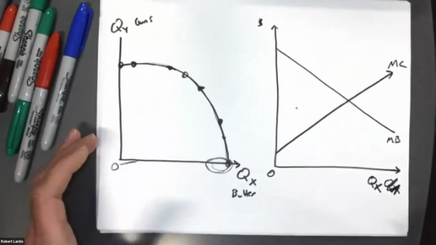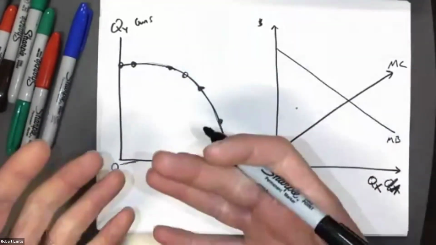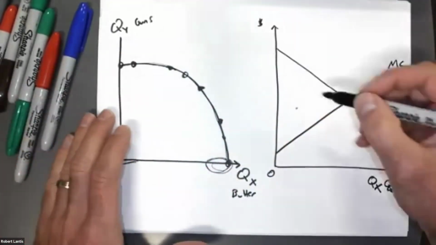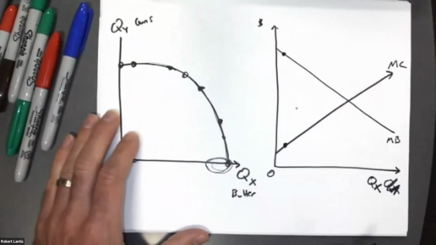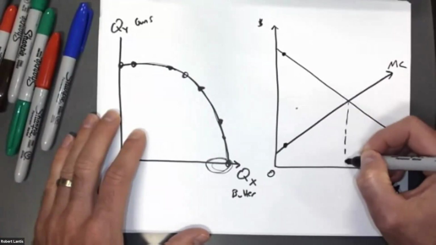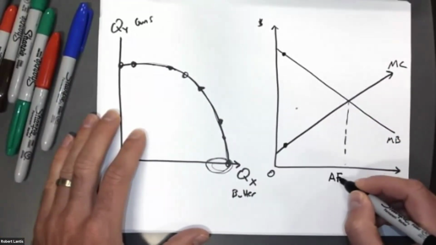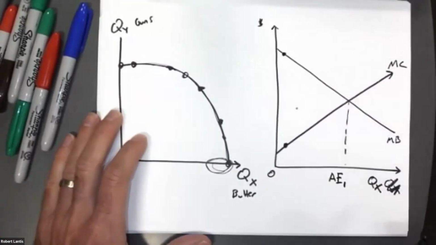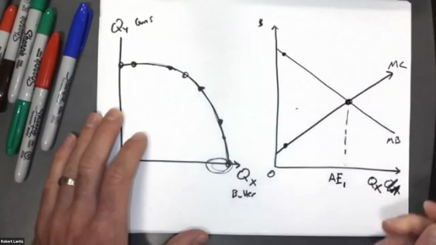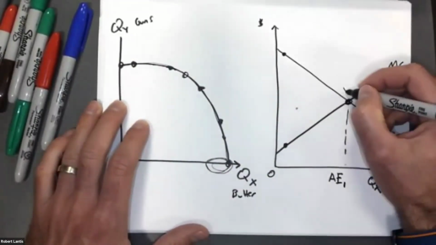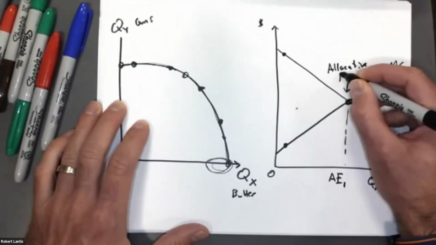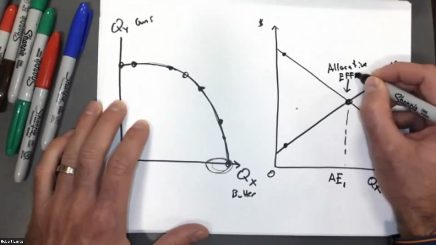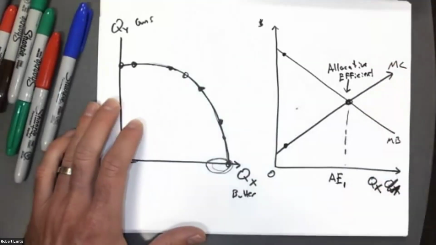We talked about last class, people should choose to buy something, or put another hour towards an activity, as long as that marginal benefit is greater than the marginal cost. And we said they'd stop at the point where marginal benefit is equal to that marginal cost. So this point here would be our allocative efficient point. I'll start abbreviating that with AE.